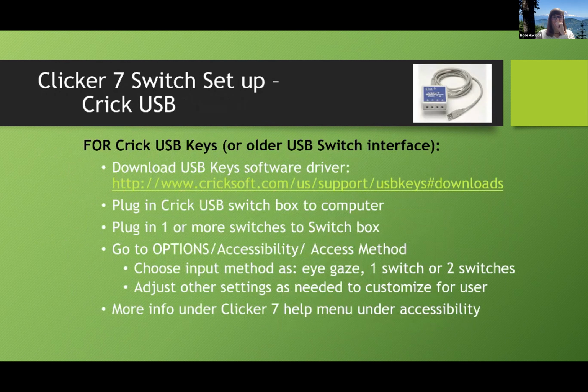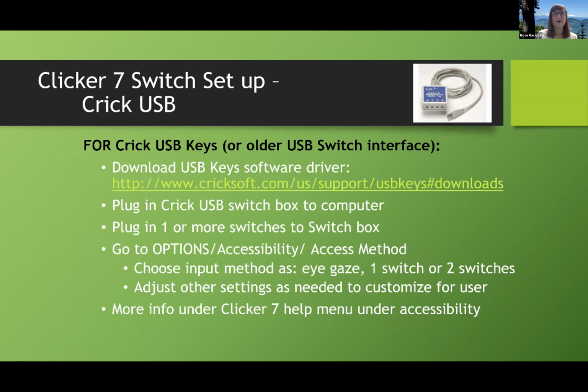I went ahead and wrote up directions. If this is something you want to go back and try, you can hopefully follow my directions and it'll work. Again, the caveat is this was created for Clicker 7 and there might be some adjustments needed to do it with Clicker 8, but it's basically the same idea. Let me know if you want to do a SETI Tech Assist to troubleshoot a switch setup for any of your students with Clicker or with Pictello for sure.